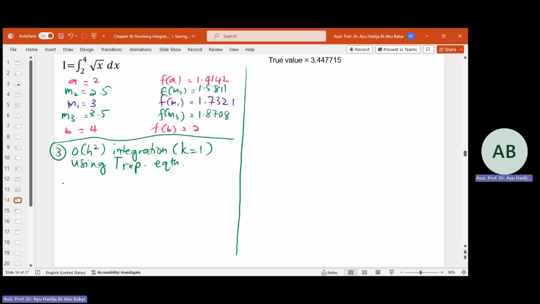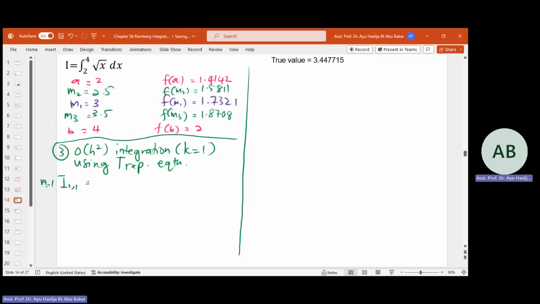Okay, for the I11, level 1 just now, where n equals 1, using trapezoid, single application.